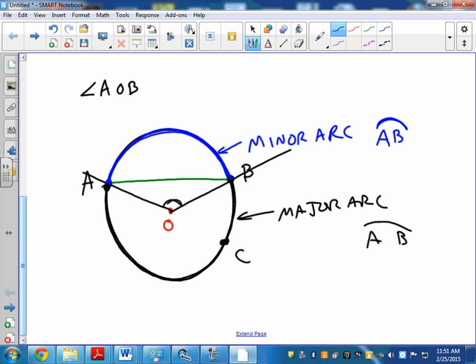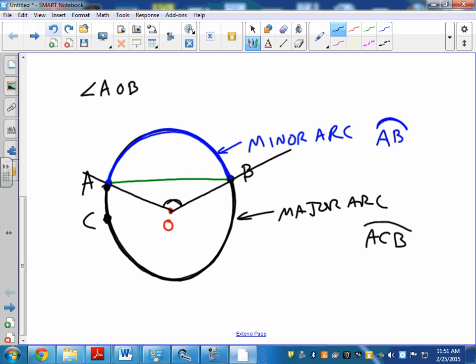So we could say ACB: going from A, traveling around through C, and arriving at B. So that's our major arc ACB. And again, C can be any point on this arc; it doesn't have to be right there. C could be over here, and that's still major arc ACB.